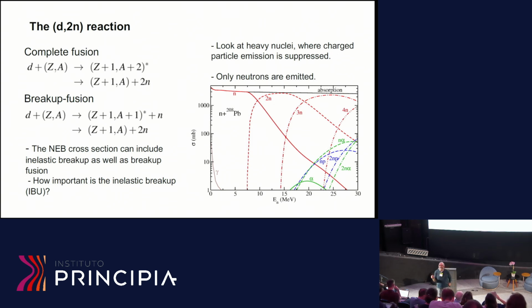So one of the interesting things here is that we don't have to worry about the densities. We can just worry about the kinematic factors and the transmission coefficients, the formation factors, if we restrict ourselves to heavy nuclei.